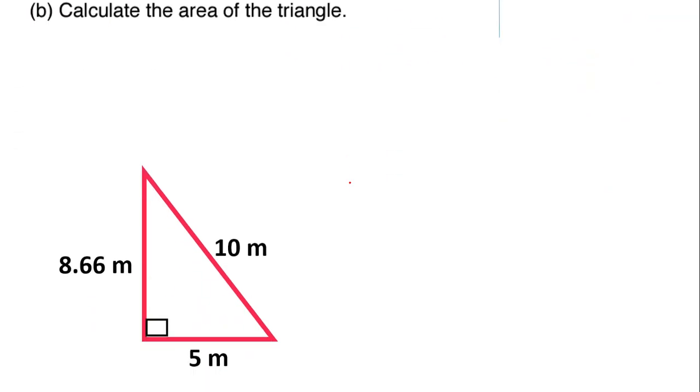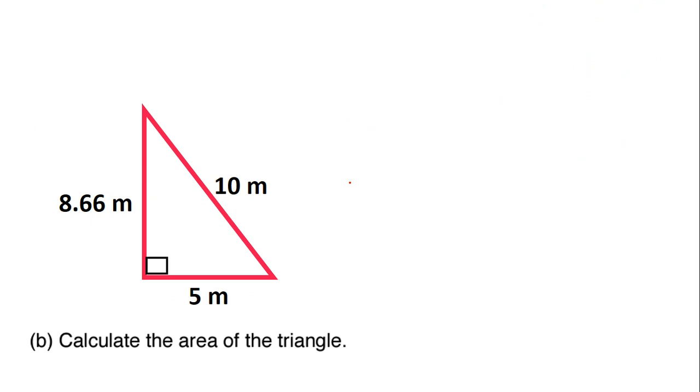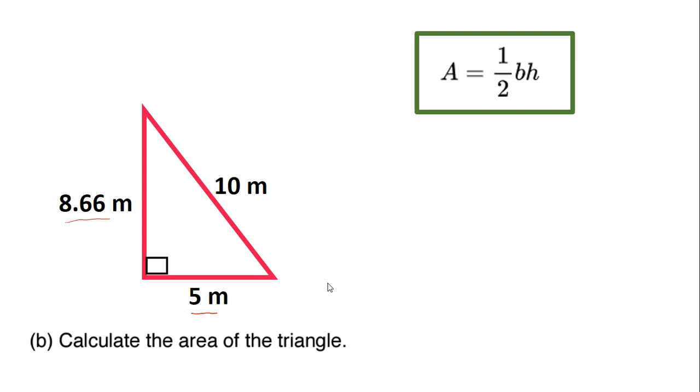Moving on to the next part of the question, which is calculate the area of the triangle. Now that I have my base as 5 meters and my height as 8.66 meters, and as already discussed how to find the area of a right angled triangle, we have this formula: A equals half times the base times the height.